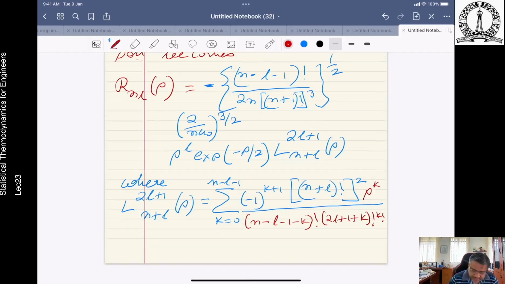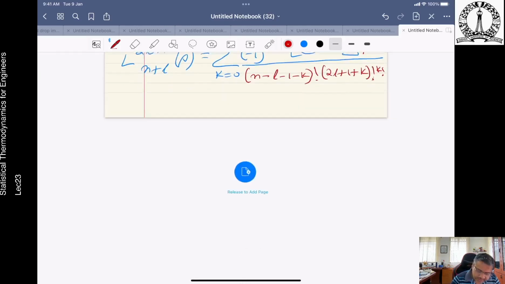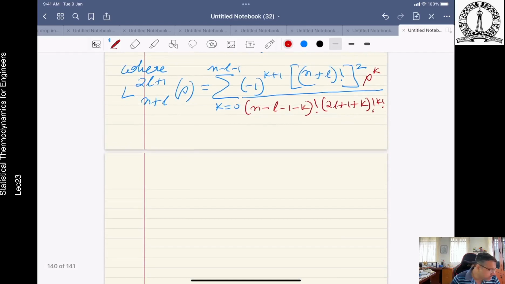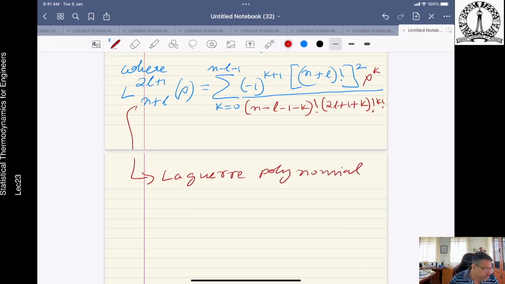This L is called the Laguerre polynomial.